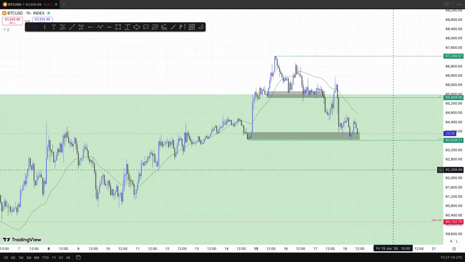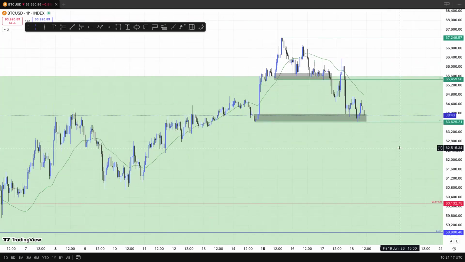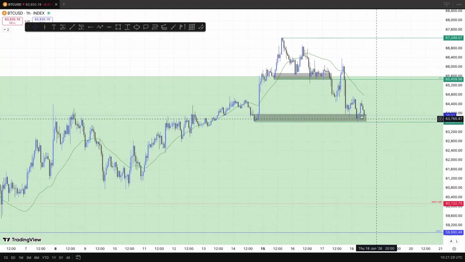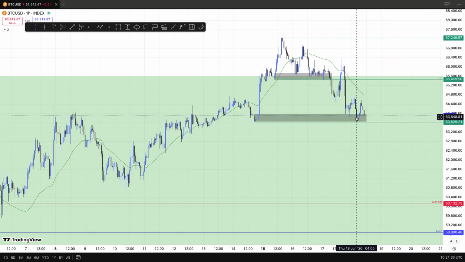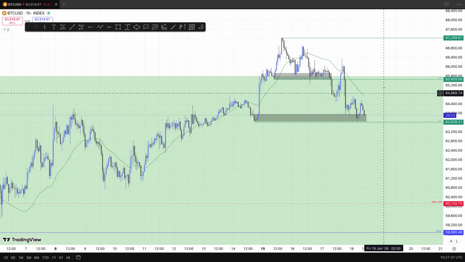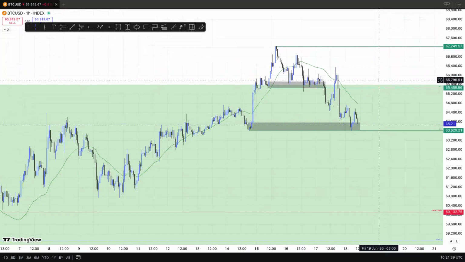But for now, BTC is bearish, and we are currently sitting inside a very strong area of interest. So if a buy setup is to appear in this demand, then we will take it and move along with price.